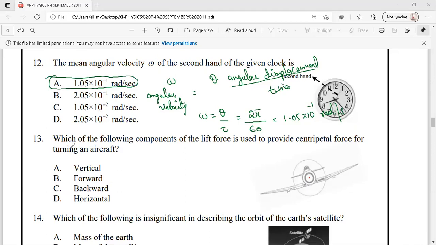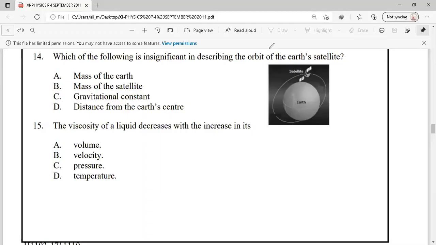Which of the following components of the lift force is used to provide the centripetal force for the turning of the aircraft? Which of the following is insignificant in describing the orbit of an Earth satellite? So the formula for the velocity of the Earth satellite is the square root of gm over r.